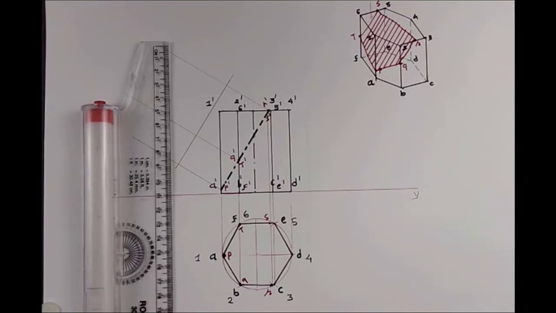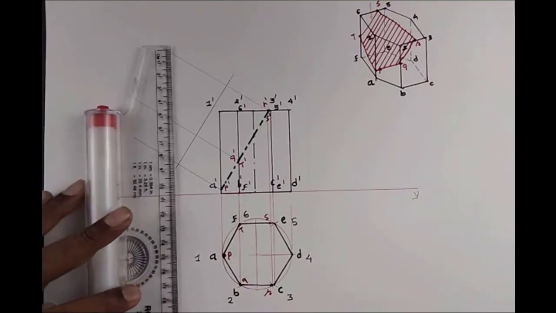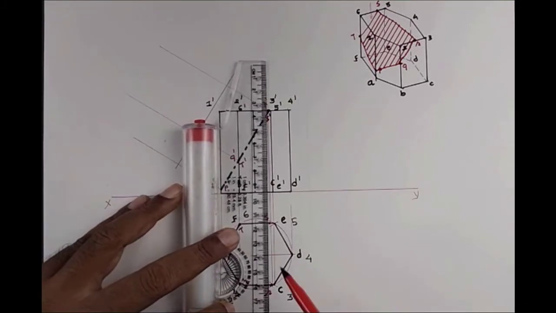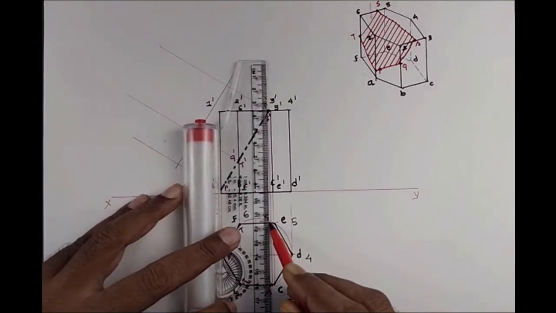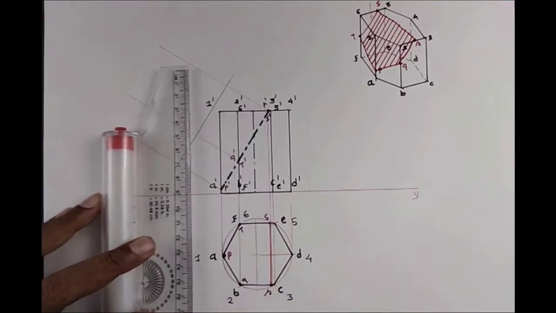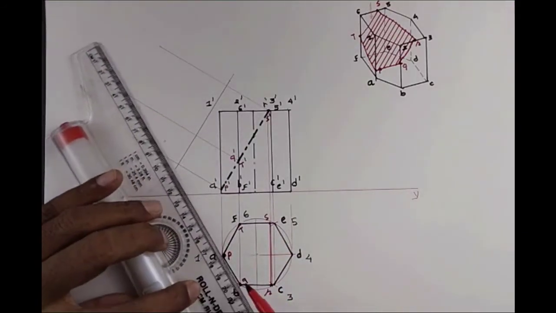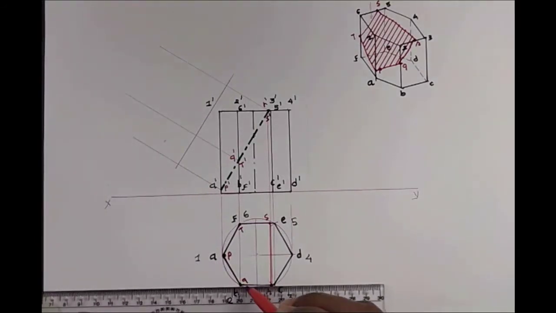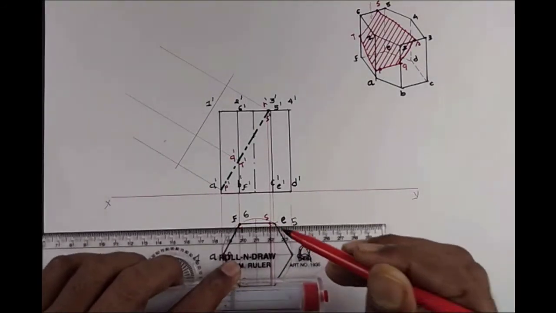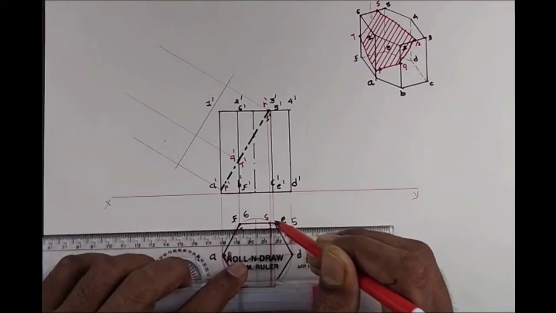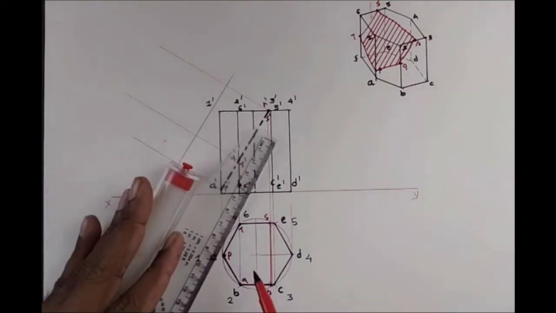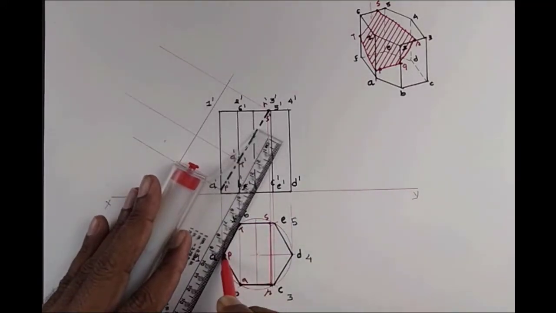So now I join first this S and R, then PQ, QR, ST and TP.